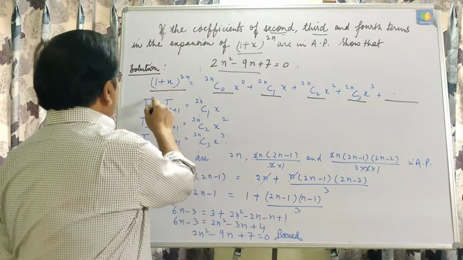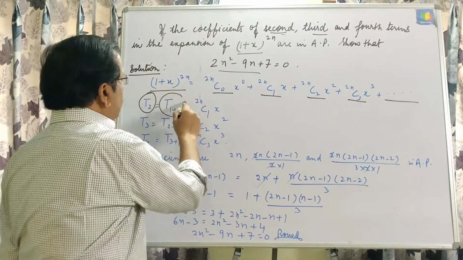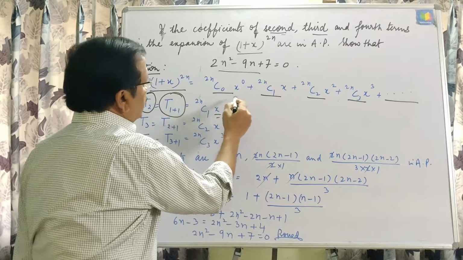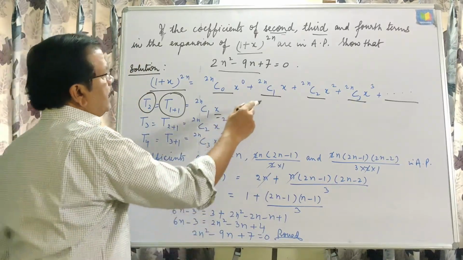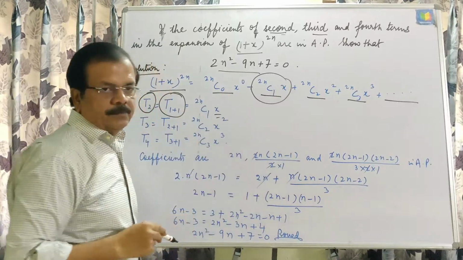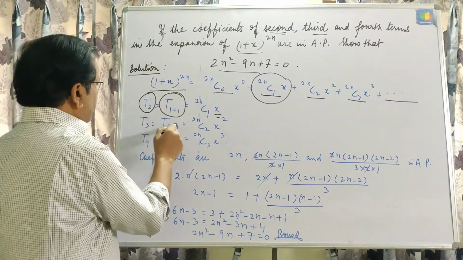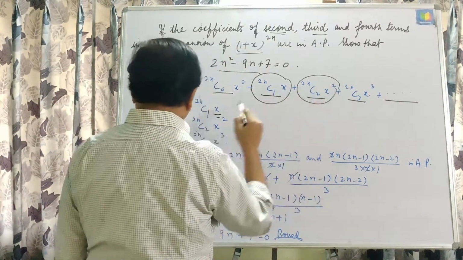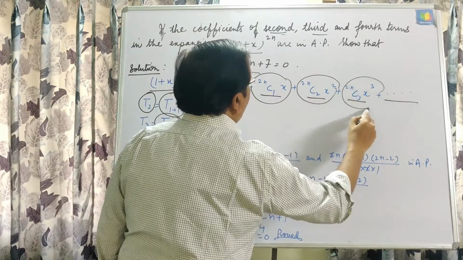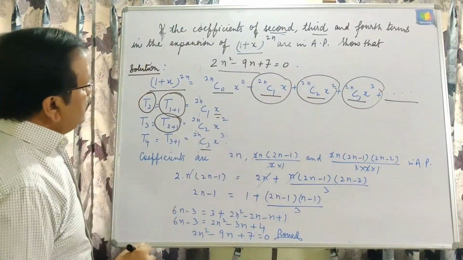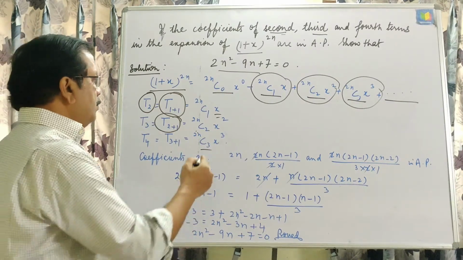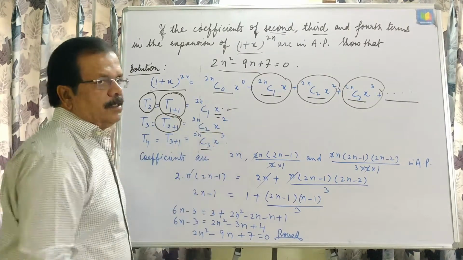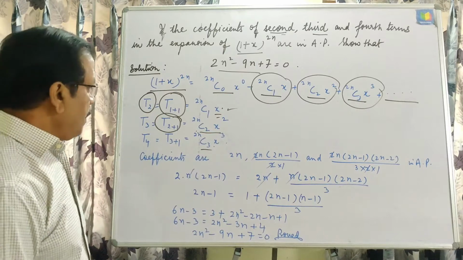That is why the second term, T2, can be written as T1 plus 1, and this is 2nC1 and then x. Okay, this value. And then the third term, T2 plus 1, is this value, and the fourth term is this value. We are given that this is in AP, and we know that twice of this will be equal to this plus this, or the common difference will be the same.